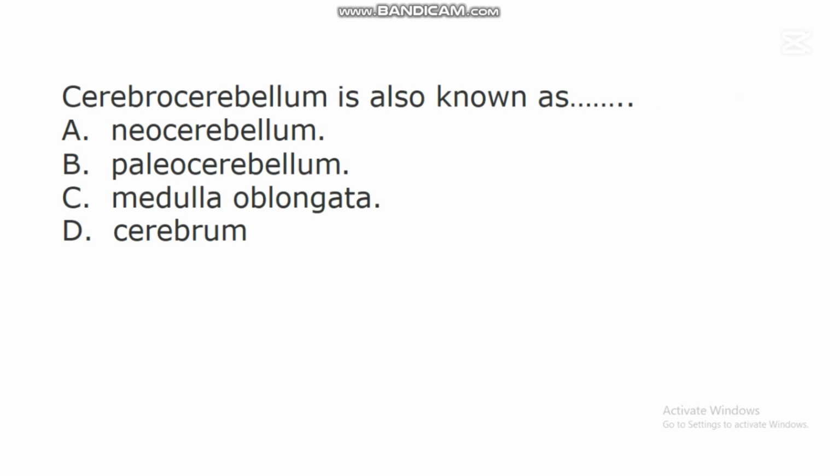In this question, the correct answer is A. Cerebellum. There is a part of cerebellum called cerebellum. This cerebellum is also known as cerebellum.